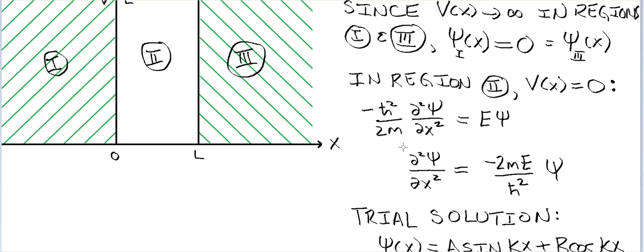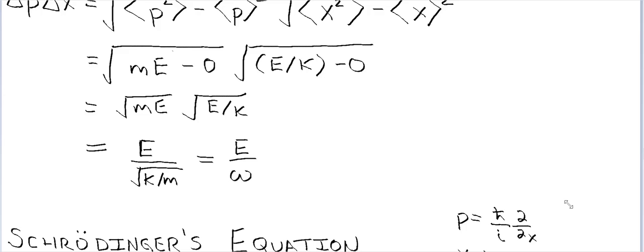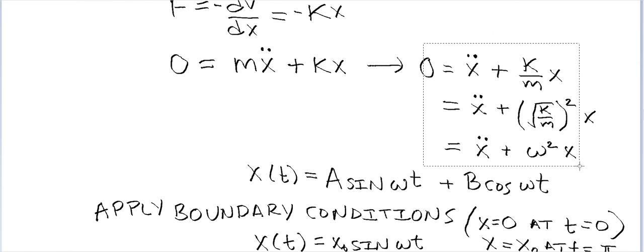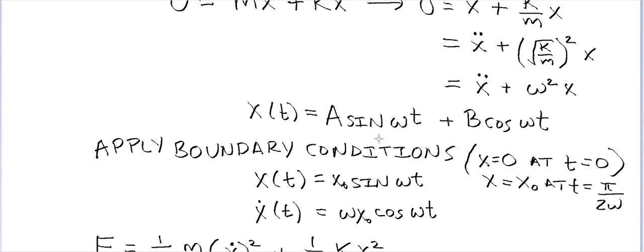Now, we've seen this equation just moments ago, in fact. It's this equation, right? 0 is equal to the second derivative with respect to time of x plus omega squared times x. If I brought one of these terms to the other side of the equal sign, I would have x double dot is equal to minus omega squared x.